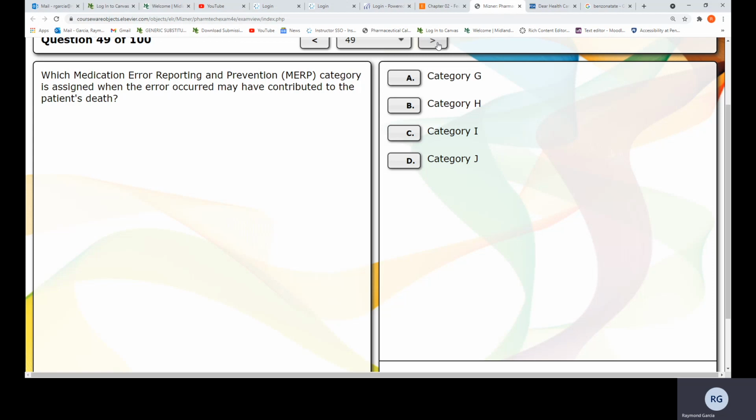G is error that could have resulted in permanent harm. H, error that could have necessitated intervention to sustain life. And I, error that could have resulted in death. So it goes from no harm to death, A to I.